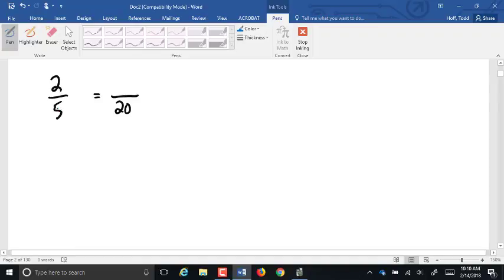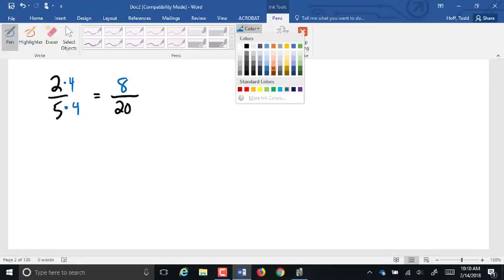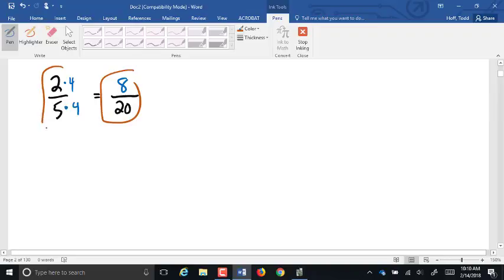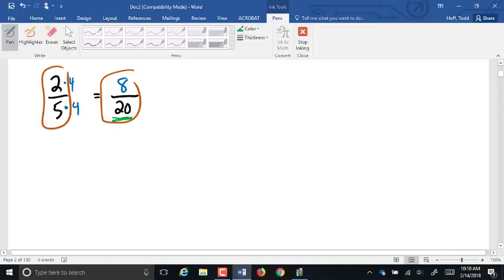Well, to do that, what do I multiply a 5 by to turn it into a 20? 4. So what do I have to do to the 2? Times 4. Make 8. 8/20ths is equivalent to 2/5. So really the hardest part there is going to be figuring out what you're changing them into. Once you have that, you just have to figure out what you have to multiply by to get it there.